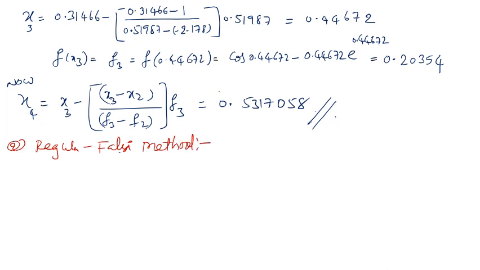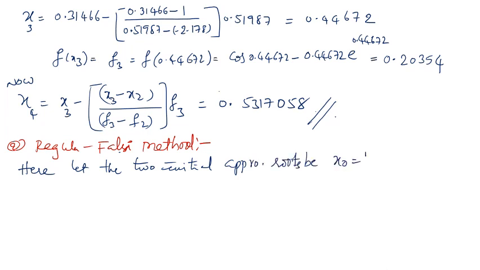Now you will see what is the main difference between the secant method and the regular false method. Here let the two initial approximate roots be x0 equal to 0, x1 equal to 1.